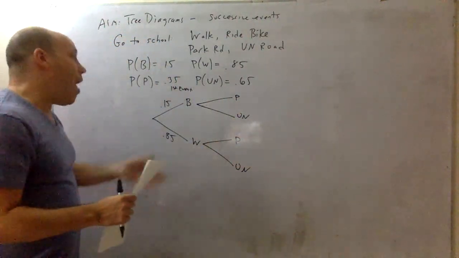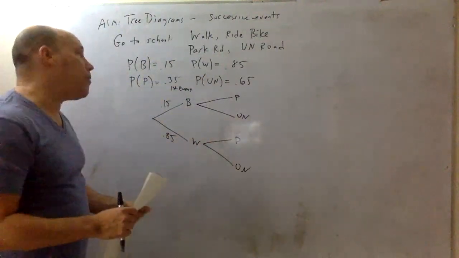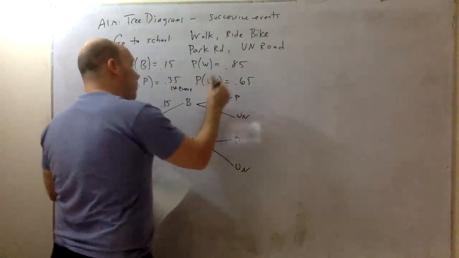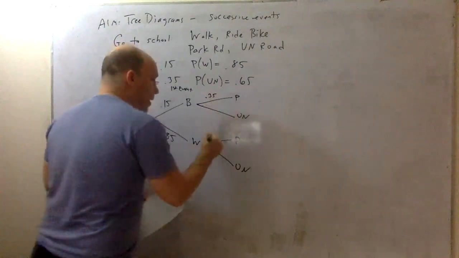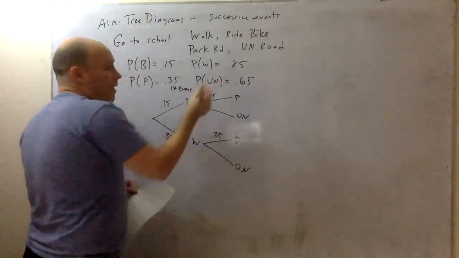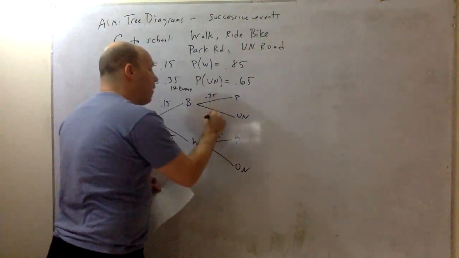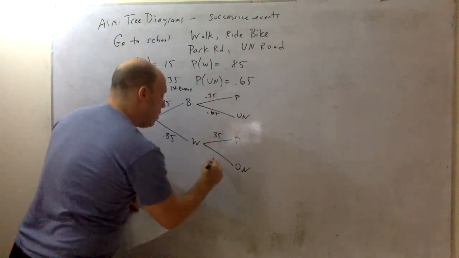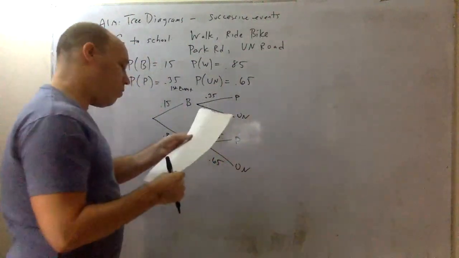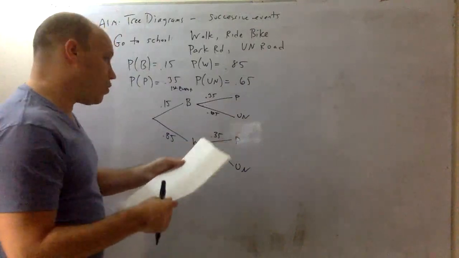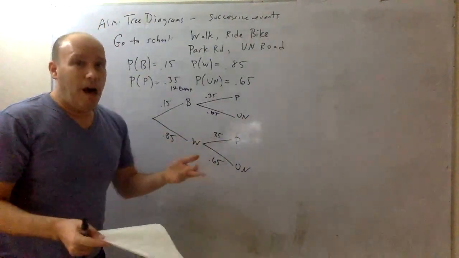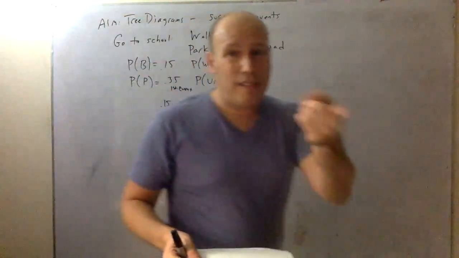And once again, we write the probabilities. The probability of Park is 35%. You can write it down here. And the probability that I take UN Road is 65%.